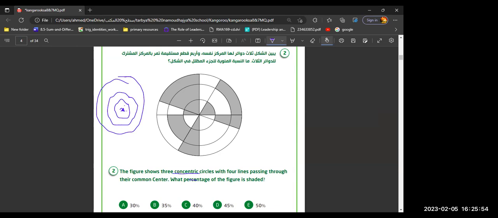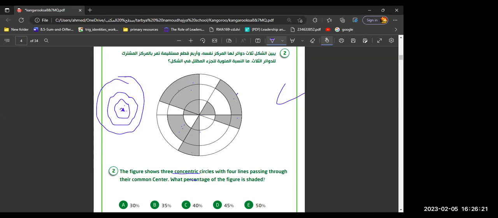All right, guys. So the question here is: the shaded parts, the parts in gray, do you see them? If we put them together, how much do they represent in terms of percentages? 40%.